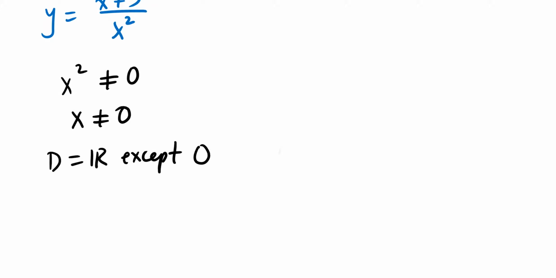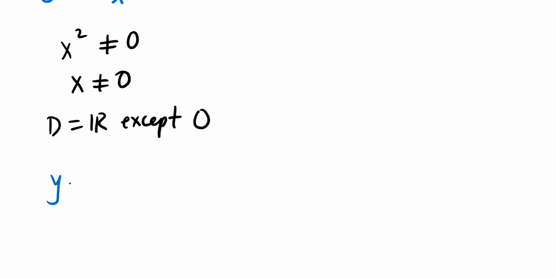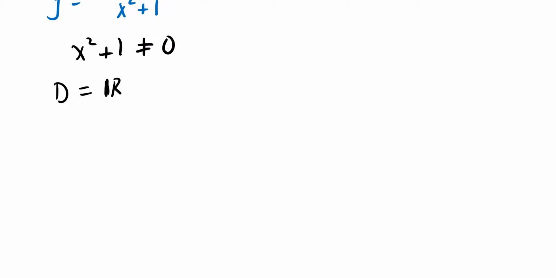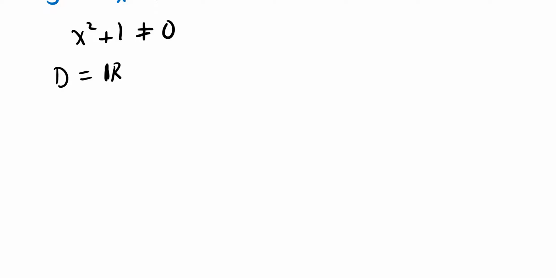What about another example? y equals x plus 11 over x squared plus 1. We're going to say x squared plus 1 is not 0. But notice we can't factor this one. This quantity here, x squared plus 1, will never be 0. So this means the domain is going to be all real numbers. We can use any value of x we would like to use.